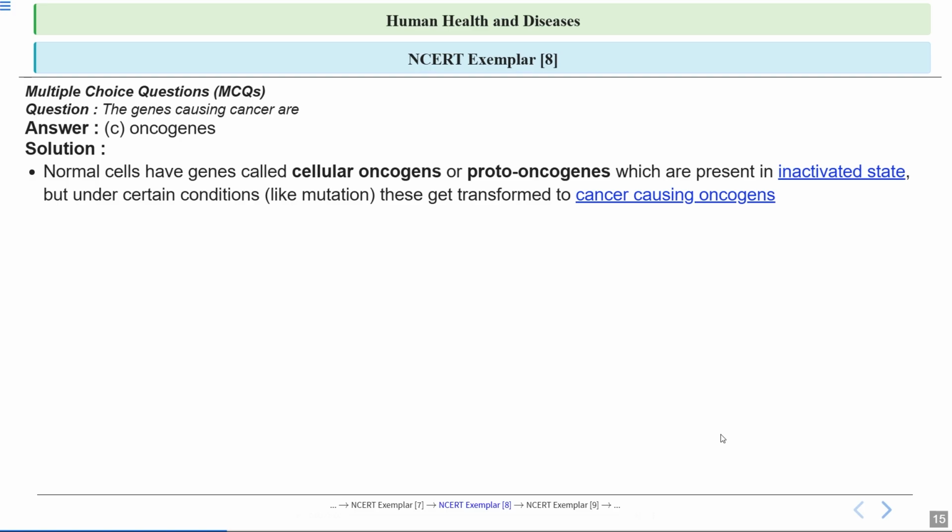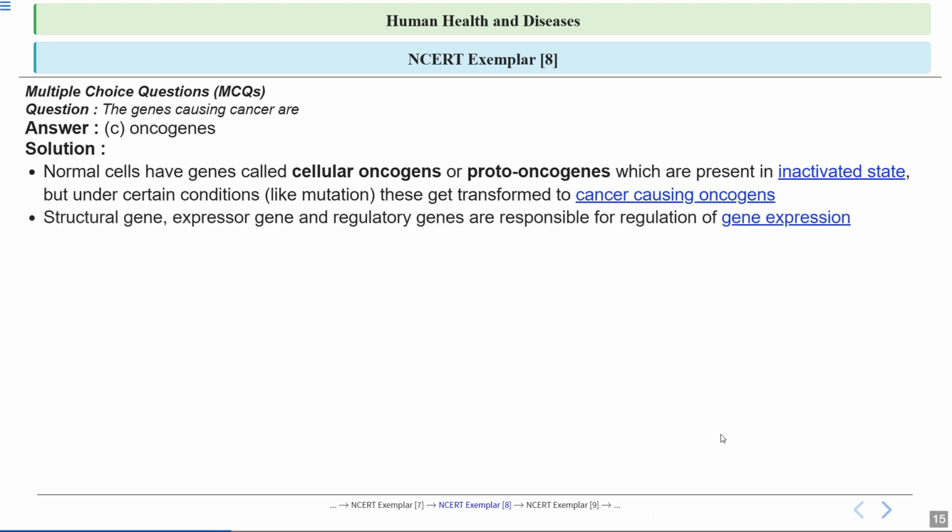Now, upon certain conditions like mutation, these genes can be transformed into cancer-causing oncogenes. Now, structural genes, expressor genes and regulatory genes are responsible for the regulation of gene expression. So they help control when and how much of a gene is turned on or off, but they are not directly responsible for causing cancer.